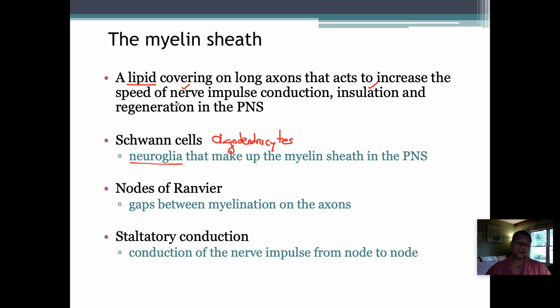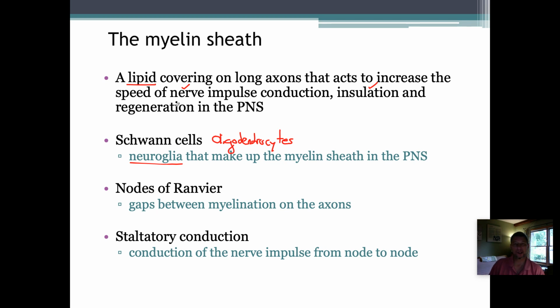But secondly, you also want to hold the electricity in the wire so that it gets from the plug to the lamp. You don't want it going into the floor or the wall or whatever that wire happens to be touching. And so we coat it, we insulate it with rubber or plastic. The same kind of thing happens in the neurons, and that's why we cover them with myelin sheaths.